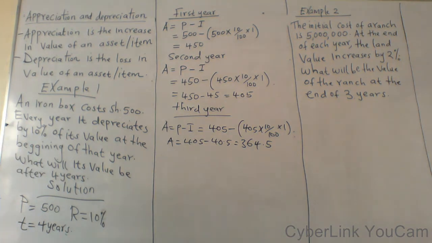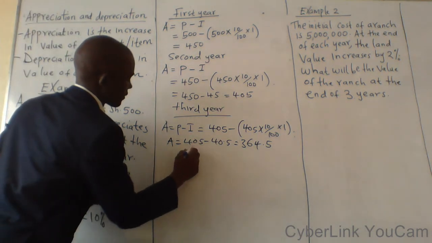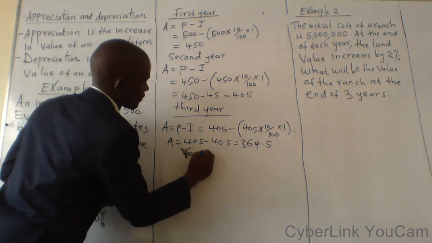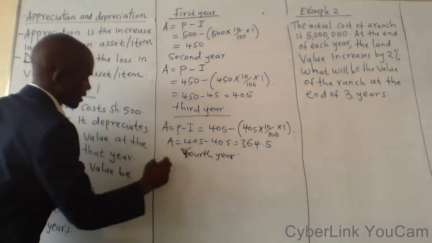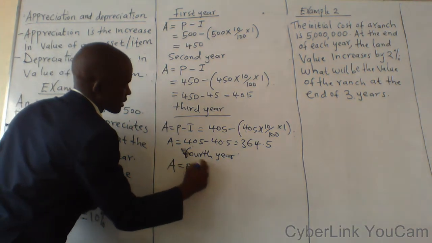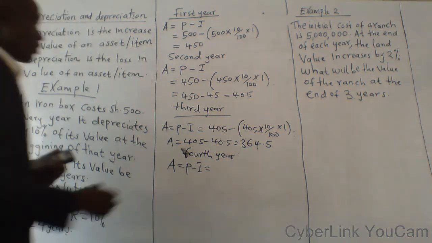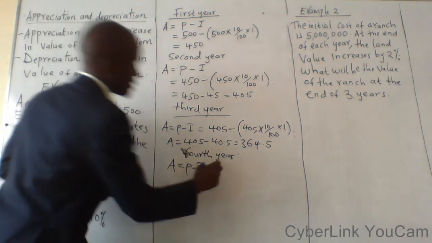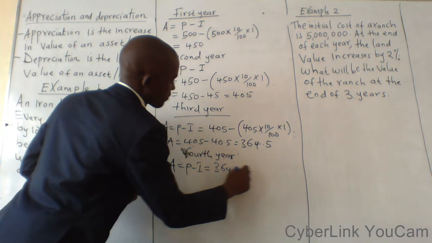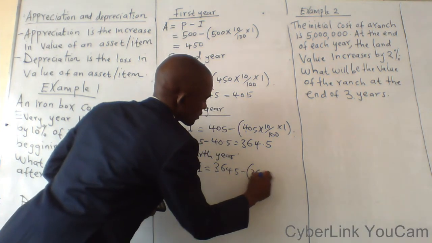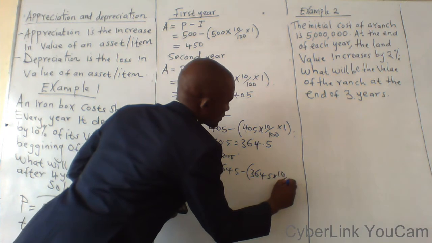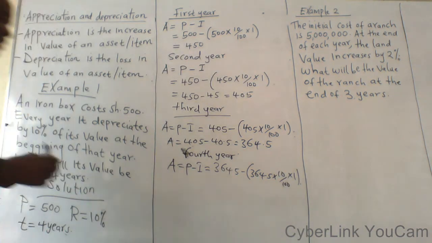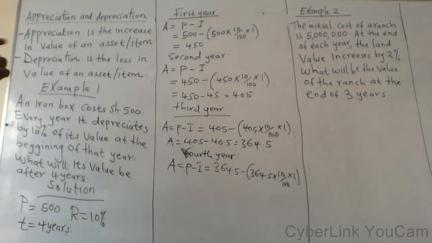Remember, we are told after 4 years, so you look at the fourth year. The fourth year, amount will be equal to principal minus interest, which will be equal to, our principal is the current value in the third year, which is 364.5 minus 364.5 times 10% times 1. If you take 10% of 364.5, you will get 36.45.